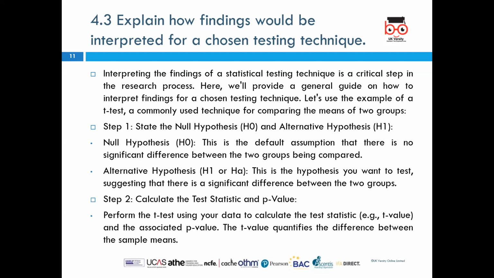For example, there is no impact of advertising expenditure on brand visibility. That is the null hypothesis. But when you test and the results are statistically significant, then there is an impact of advertising expenditure on brand visibility. So that is how you formulate the null hypothesis and alternative hypothesis.